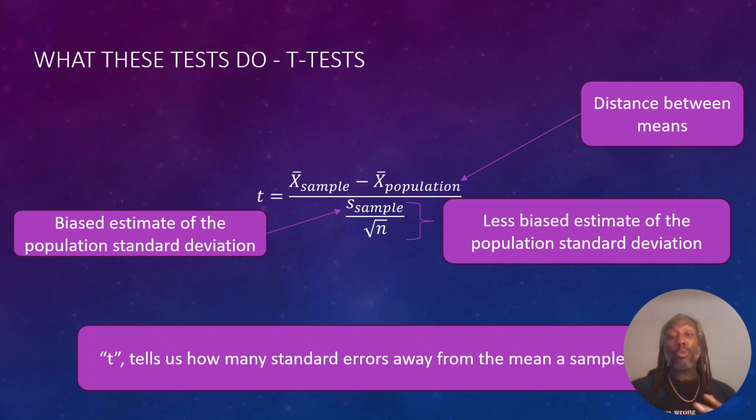This kind of makes sense if you think back to the neat little rule that we had before, right? That little 68, 95, 99.7 rule. At any rate, the rule stated that you can find almost 100% of the values in a population within 3 standard deviations of the mean, right?